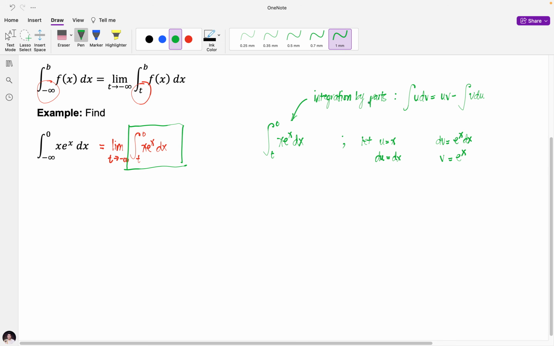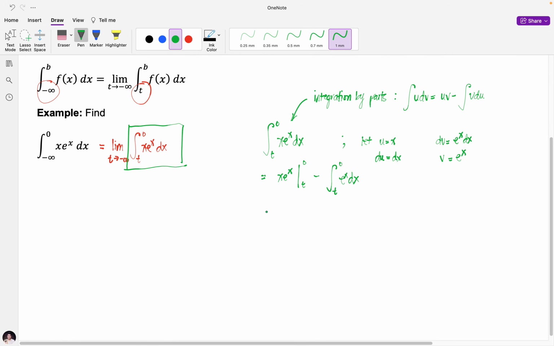Okay? So, applying integration by parts, this is now equal to uv, which is x e raised to x. Take note, this is a definite integral, so we have bounds from t to 0, minus the integral of e raised to x dx from t to 0. Okay?